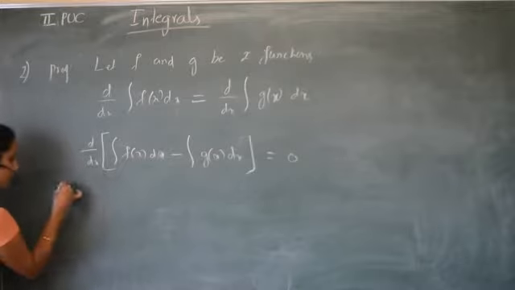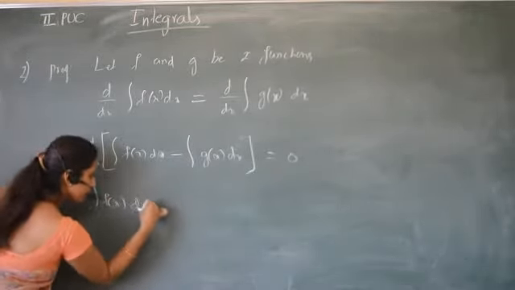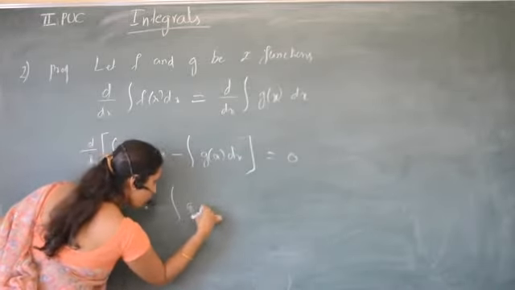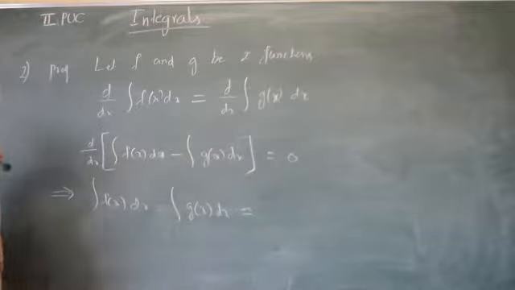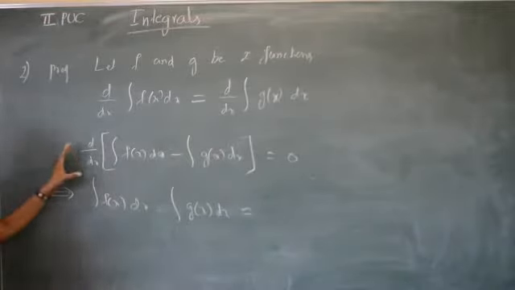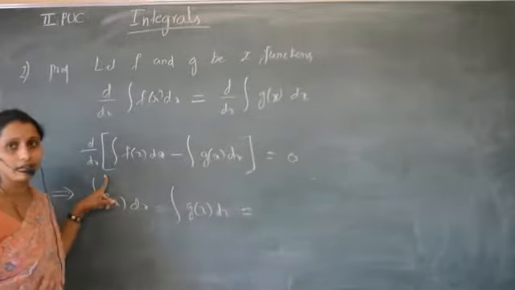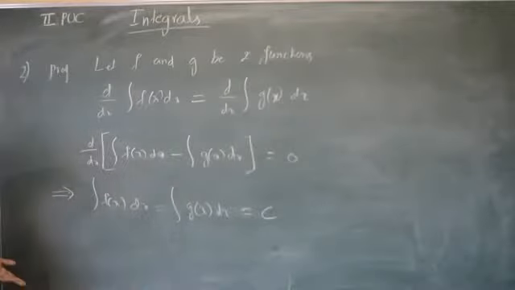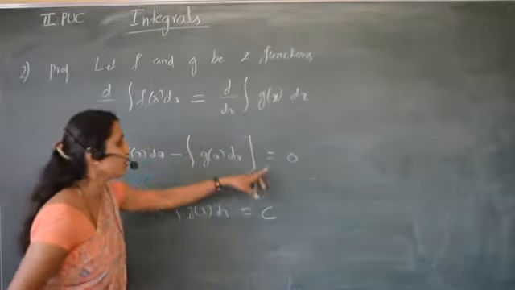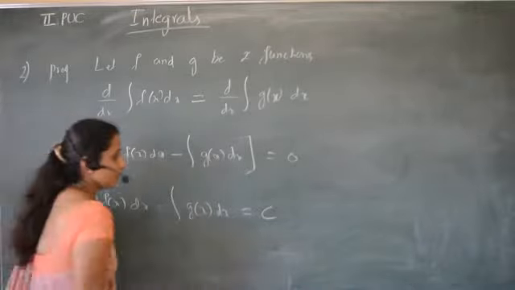So this implies integral of f of x dx minus integral of g of x dx is equal to a constant. Why? Because if the derivative of something is 0, that function is a constant function. So C is any constant.